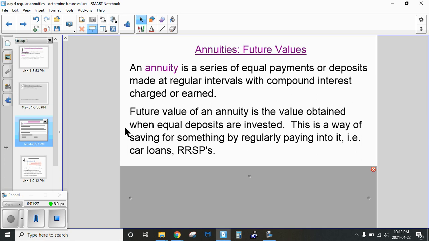Some people do this for RRSPs, Registered Retirement Savings Plans, where you might have some money deducted off of your paycheck every other week, to make it a small amount that comes off that you can handle. And this is also a way of paying off a loan, not all in one big lump, but paying it back slow and steady, like a car loan. You might pay a weekly payment towards a car loan.